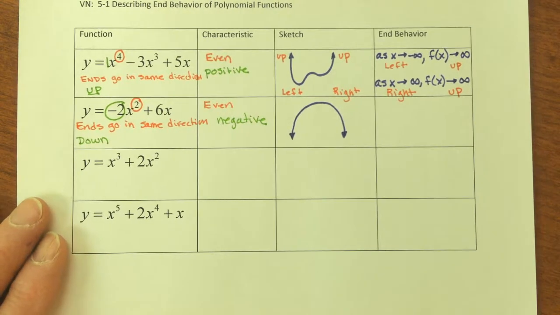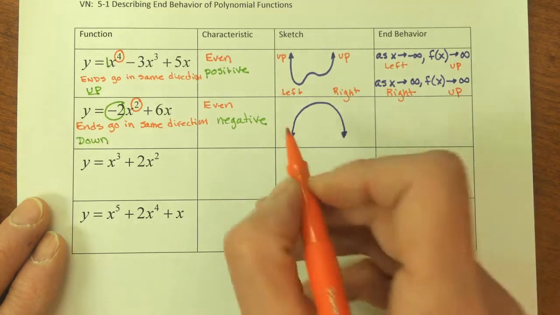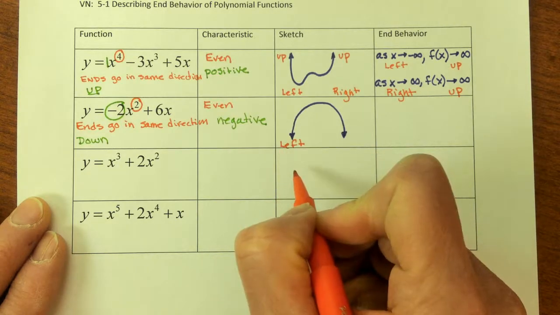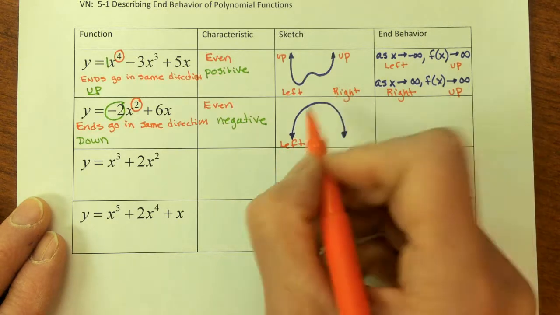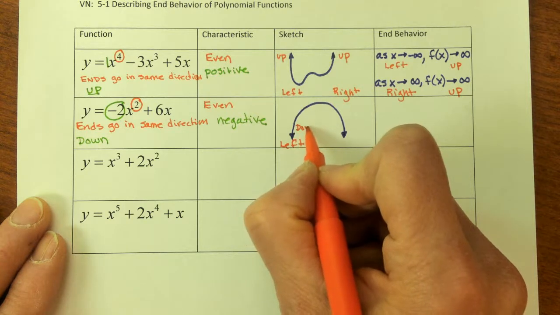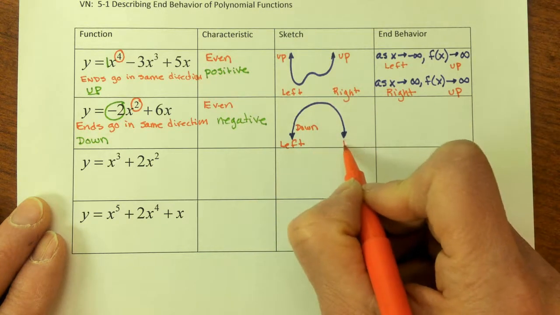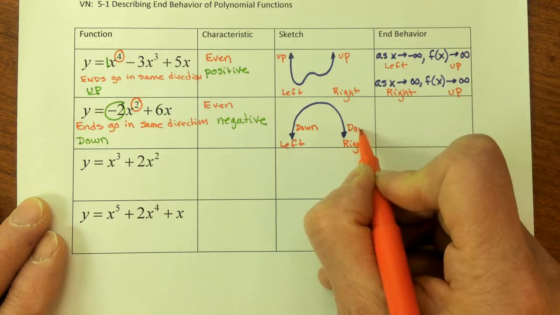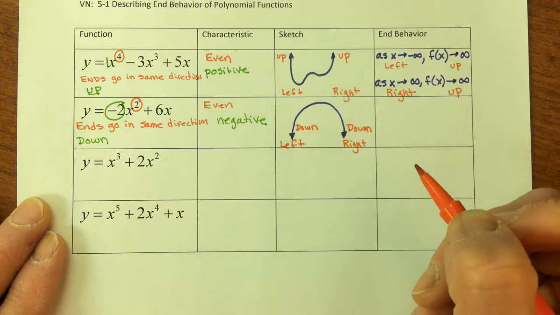Okay, so let's talk about left and right. So here on my left, my function is going down. And on my right, my function is also going down.